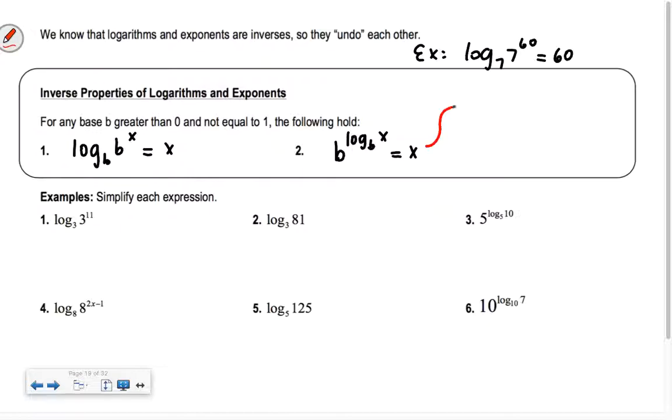So don't write this, but look up here. Do you guys remember how to switch things around? Like if I had b to the y equals x, we know that that's log base b of x is equal to y, right? So if I switch this one around into logarithmic form, we're going to have log base b of x equals that power.